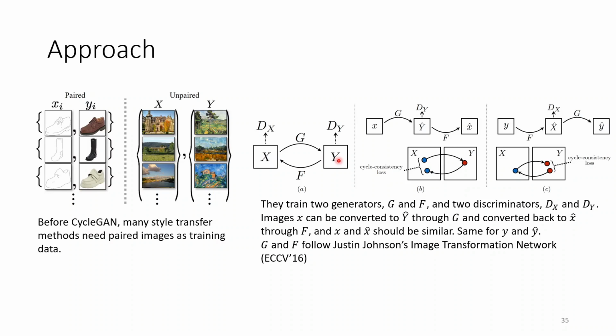Now, what they want is this: if they have an image in the X domain, say a painting, and they transfer the painting into a real photo, and use the F generator to transfer it back, the new image in the X space should be similar to its original image.